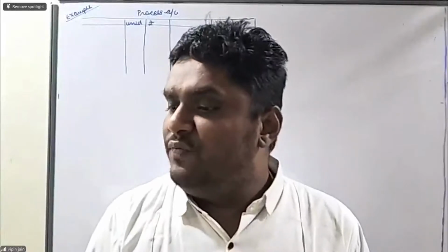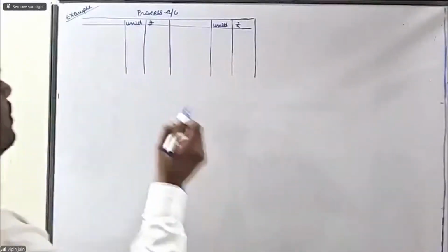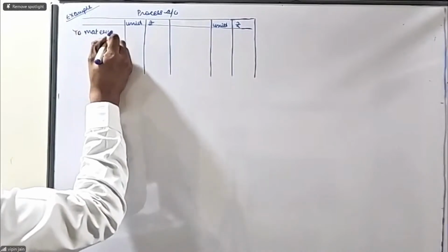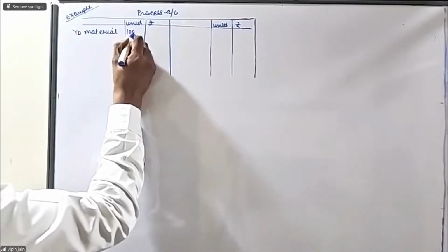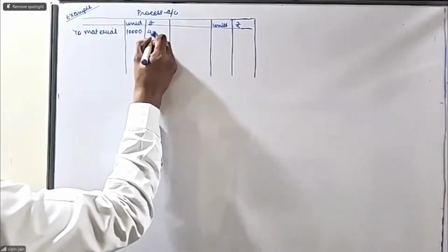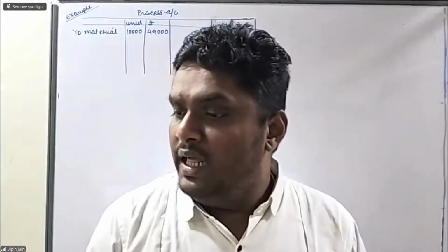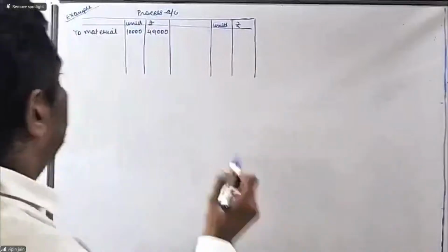So material, it is 49,000. Labor, it is 19,200.